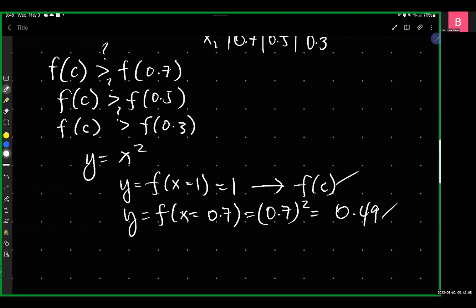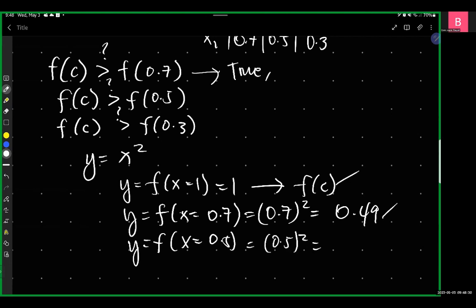Yes, the answer is yes. Which is true. Now, next, let's try y equals f of x at 0.5, or basically 0.5 squared.